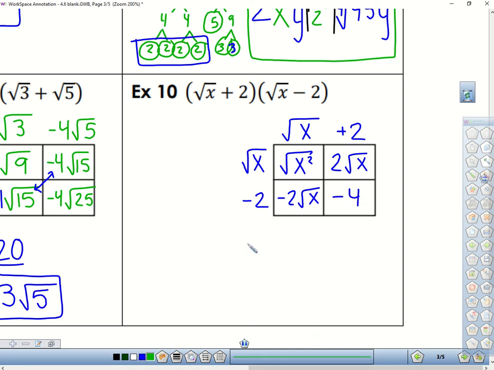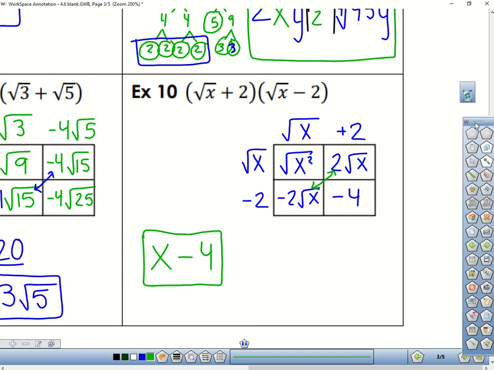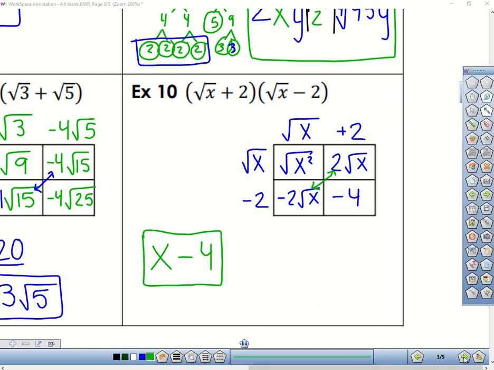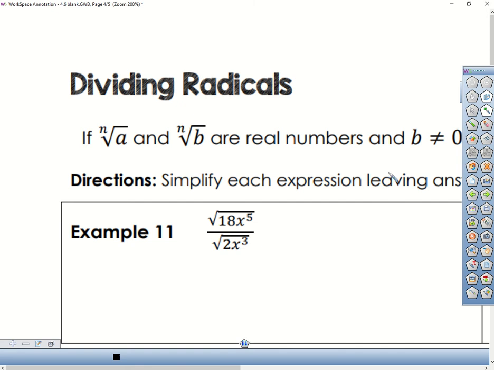What is the square root of x squared? Good. What happens to these two terms here that are like terms? They cancel out. So all I'm left with is the negative 4, so your answer is x minus 4. So we're going to do the top of the next page and then we'll take a break. So your next page is dividing radicals.